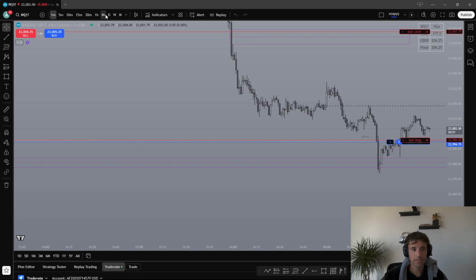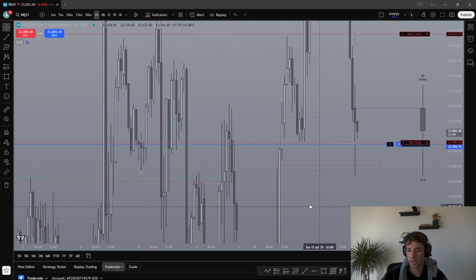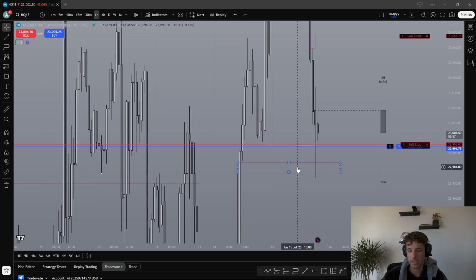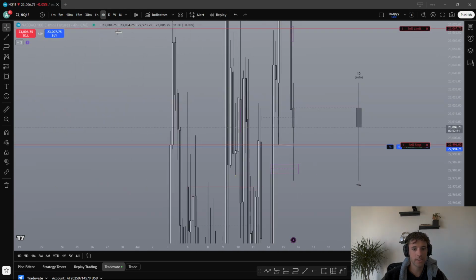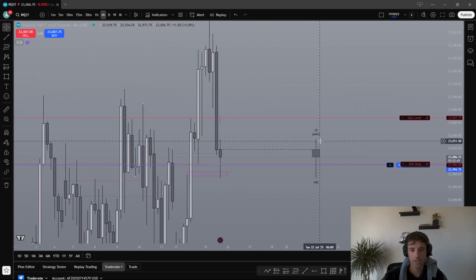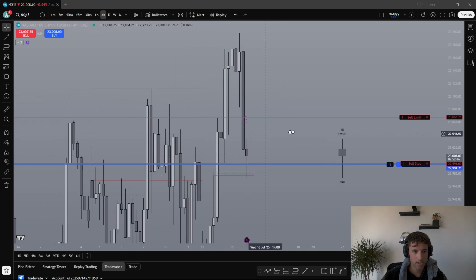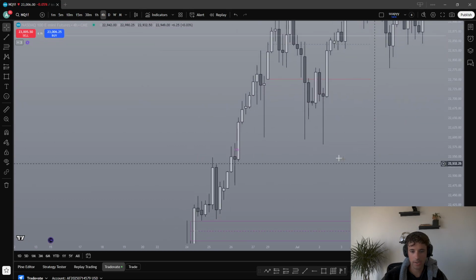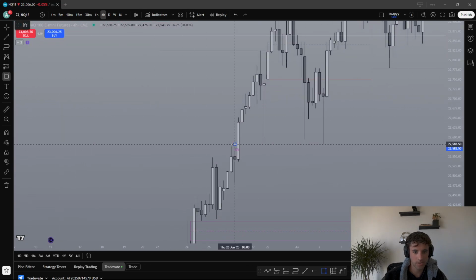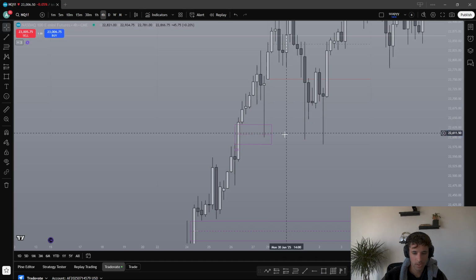The center of gaps, the 50% mark, is genuinely a good place to take profits and entries. If you draw out a box on a fair value gap, here's a perfect example. You see this fair value gap right here?